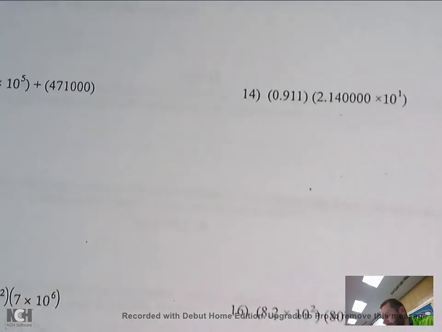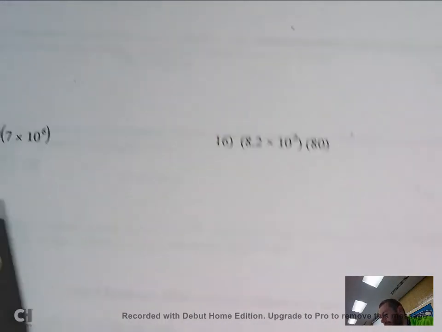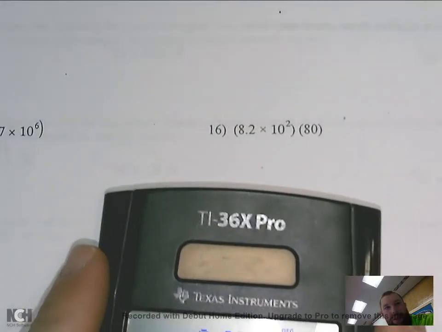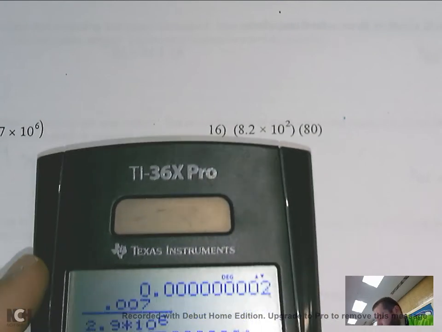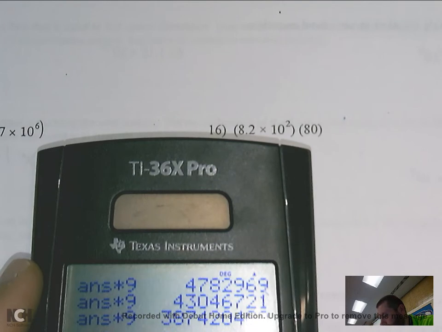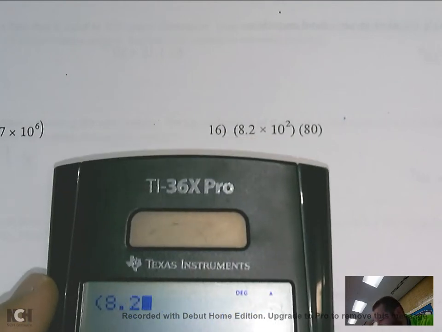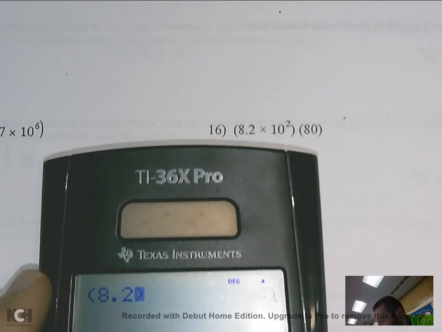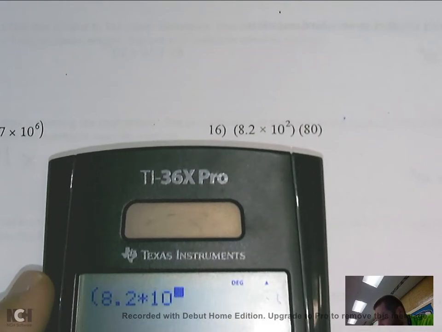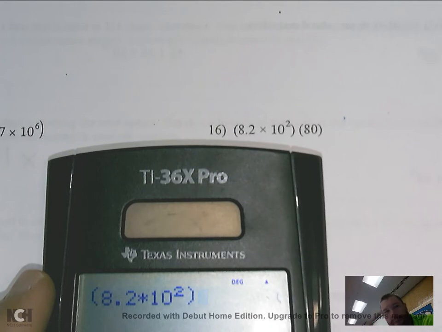Okay, let's look at another example. Let's do one that's multiplying. So let's do this one right here. So 8.2. So clear. Oh, come on, clear. So parentheses 8.2, oops, times 10 to the second, parentheses, and then parentheses.